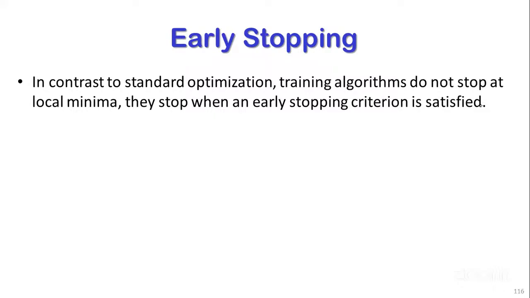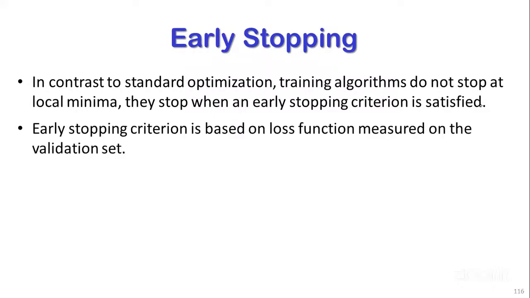We do not wait until we reach the local minima, right? They say, okay, whenever this early stopping criteria is satisfied, just stop. No need to achieve the actual local minima. Just stop when this early stopping criteria is fulfilled, right? This criteria is actually based on the loss function on the validation set.